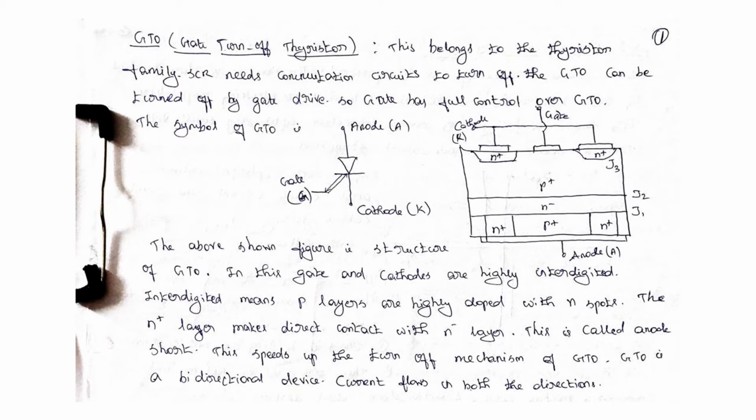In the N minus drift region, electrons and holes will come and accumulate, and they will form pairs. Then free electrons get more kinetic energy and knock off other atoms to release more and more electrons. So current starts flowing continuously.